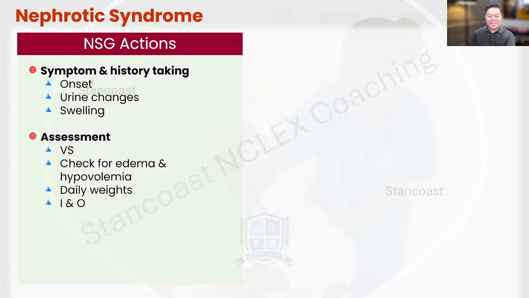Now, intake and output measurement is a biggie here. Anything that involves fluid and electrolyte imbalances, weighing, intake and output measurement, edema checking, vital signs checking, these are basic. You should not forget these skills in your assessment.